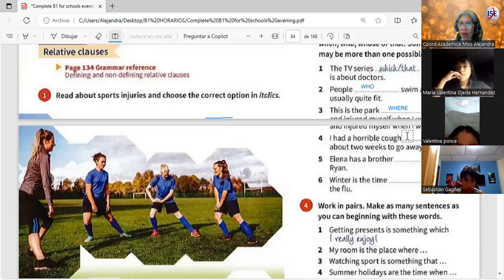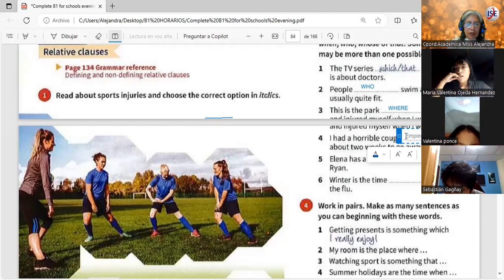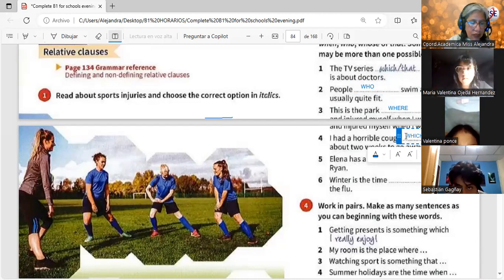Sebastian, I had a horrible cough which took about 2 weeks to go away. Here we have 2 options. I'm talking about the cough. Which? Which. What is the other word for objects?